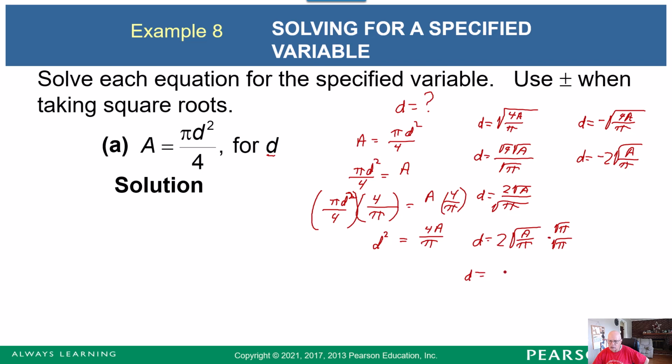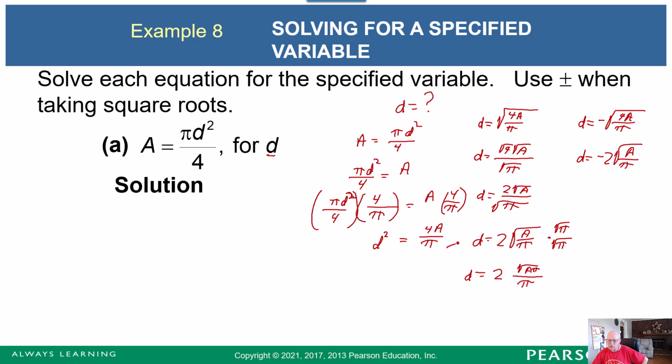D equals 2. Now on the top, I've still got the square root of a, and that's the square root of a times the square root of pi. So we've got the square root of a pi. And on the bottom, the square root of pi times the square root of pi is just pi. So we could write it that way. And everyone would be satisfied with that.